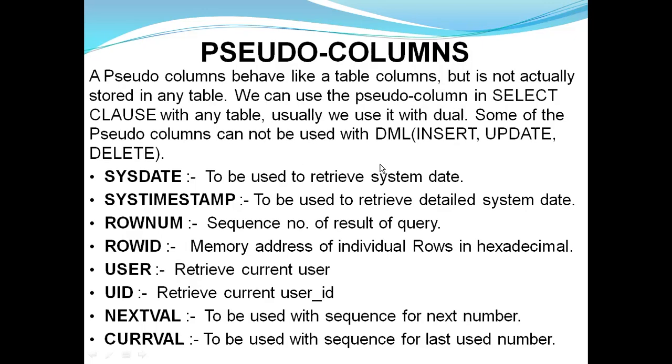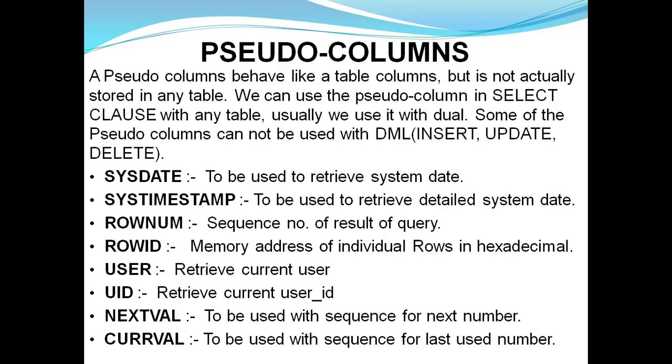Now we'll talk about pseudo columns. Pseudo columns are nothing but columns which are not a part of any table, but they provide us certain values. And that's very simple to understand. First pseudo column is sysdate. What is sysdate? System date, which provides us the current date.